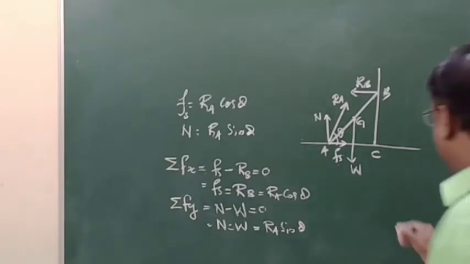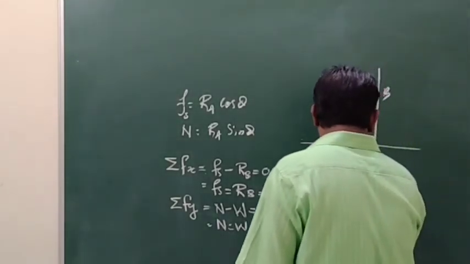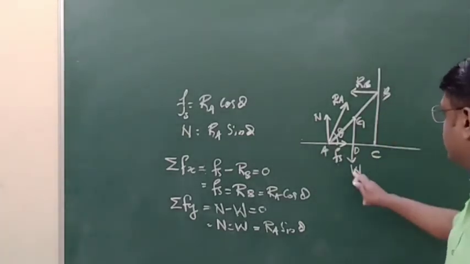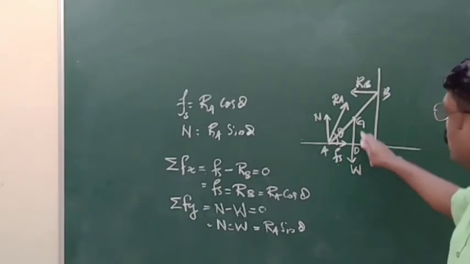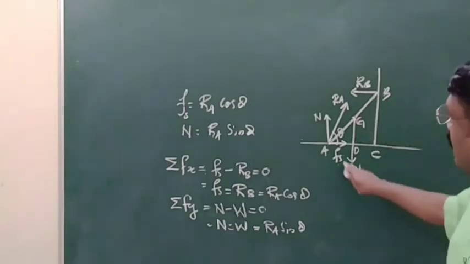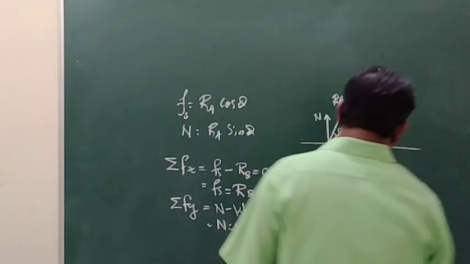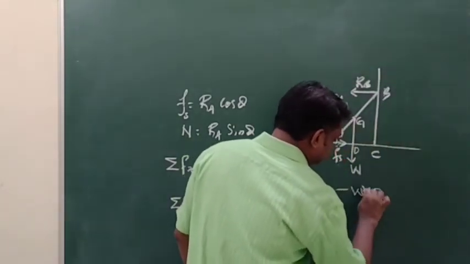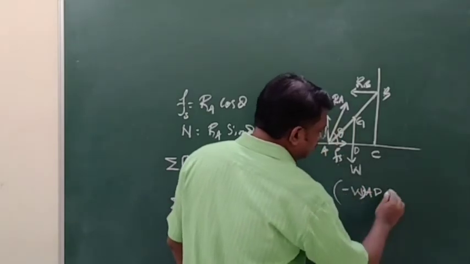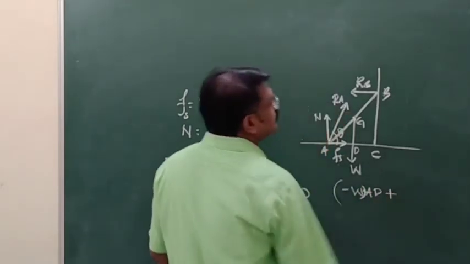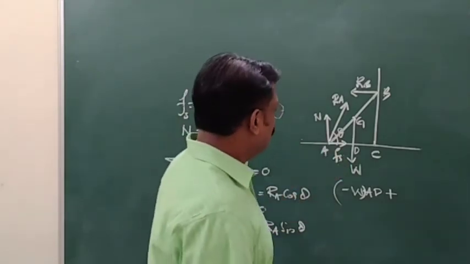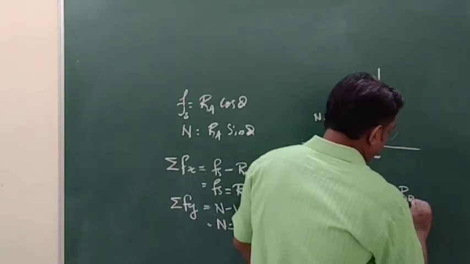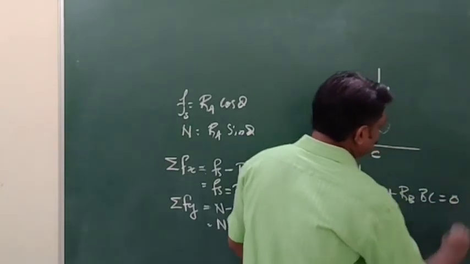So here you can mark the point T. From the point, the line of action of this force W is AT. Since it is acting in the downward direction, minus W into AD plus RB into BC is equal to 0.